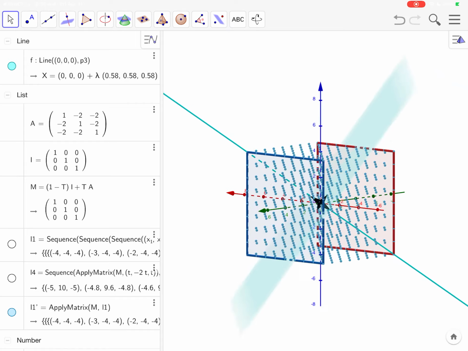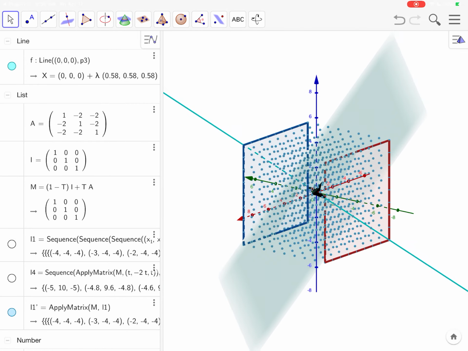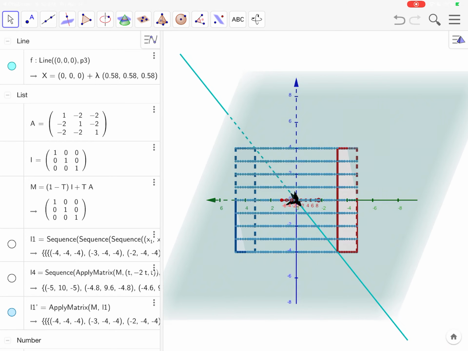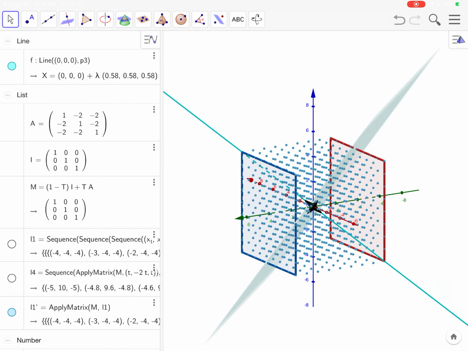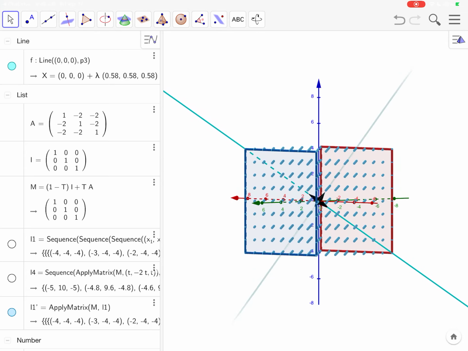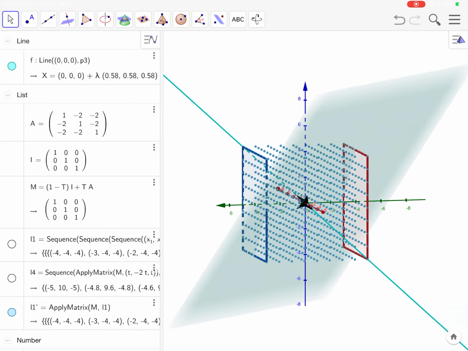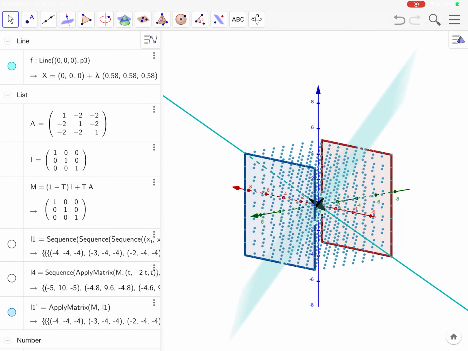And then this line that goes through the corners of the cube corresponds to the eigenspace with lambda equals -3. And you can see that, yes, those definitely do look orthogonal right now. So those eigenspaces look to be perpendicular to each other.